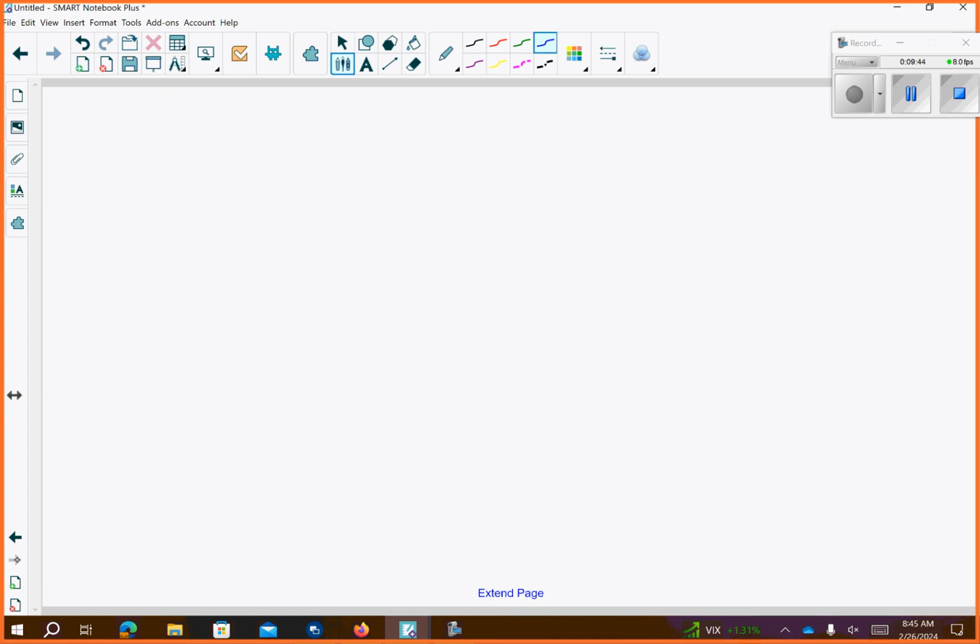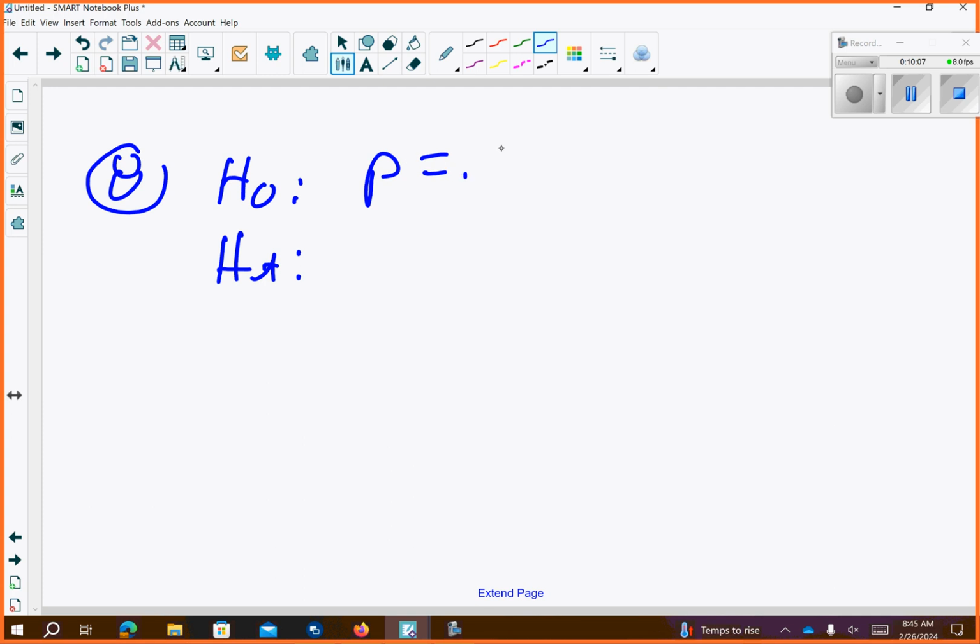So they tell us recent government reports say 27% of the United States population has no health insurance. We believe the percent might be lower. We want a random sample of 1,000 people to use. Null and alternative. So our null is that P is 0.27, and our alternative is that P is less than 0.27.